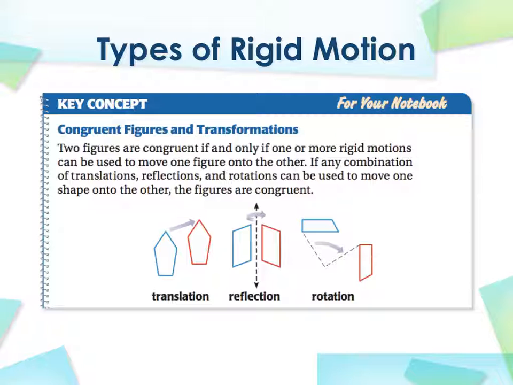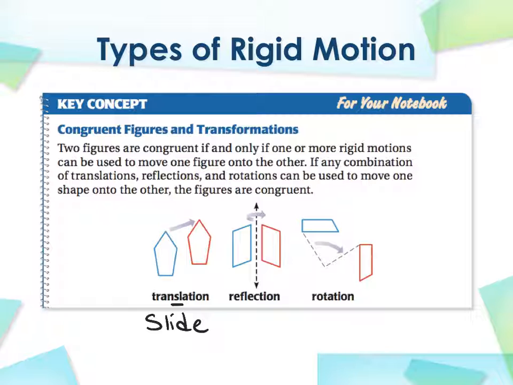If any combination of translations, reflections, and rotations can be used to move one shape onto another, then the figures are congruent. So the first one, notice the arrow is like straight. This is a slide. It's pointing to how it slid. Notice in the word translation, I've got the letters SL right there in the middle.